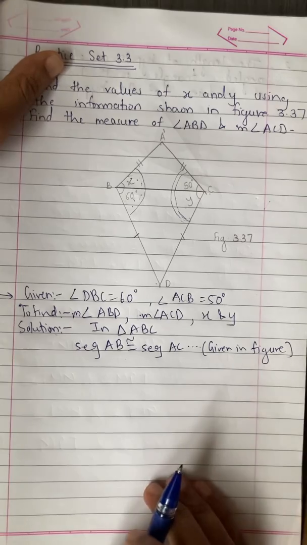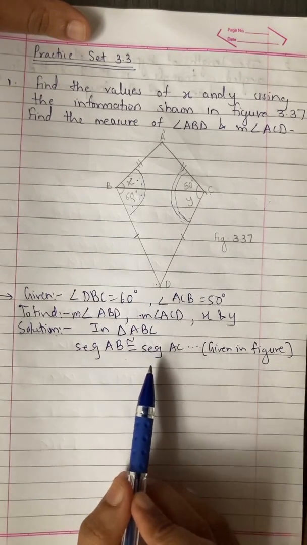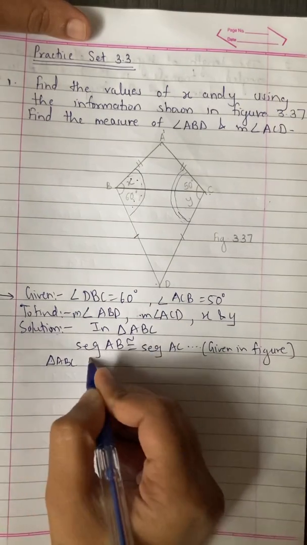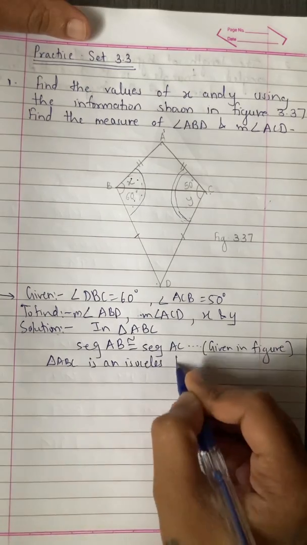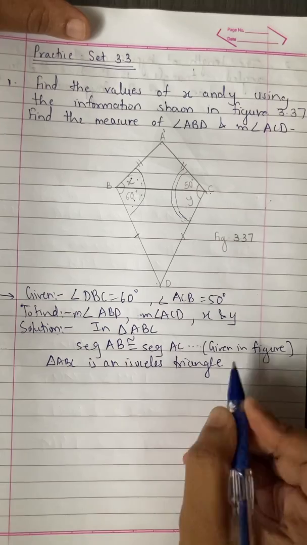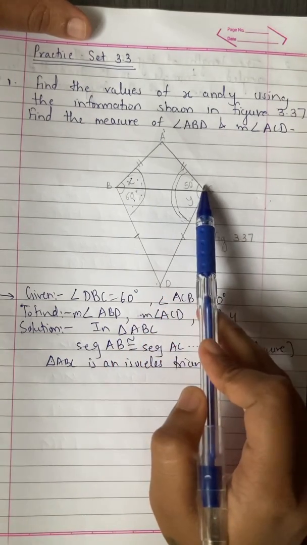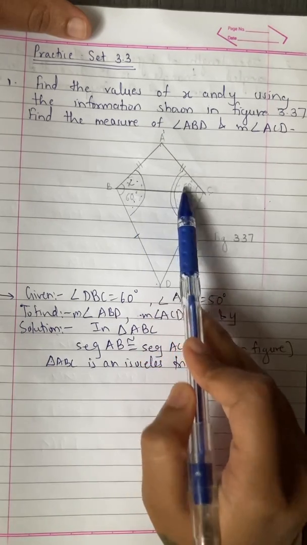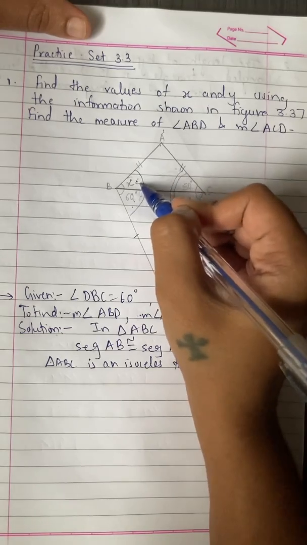Alright, so after writing down this, we can easily say that when two sides of a triangle are congruent, triangle ABC is an isosceles triangle. So by using theorem of isosceles triangle, what do we learn? That when two sides of isosceles triangle are congruent, the angles which are opposite to them are also congruent. So which angle is opposite to side AC? It is x.